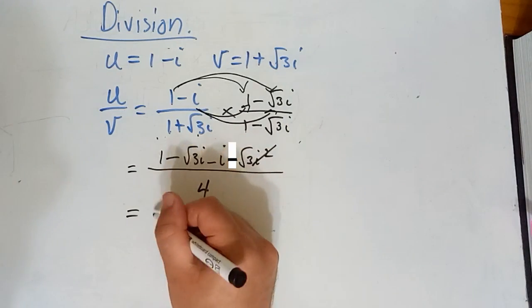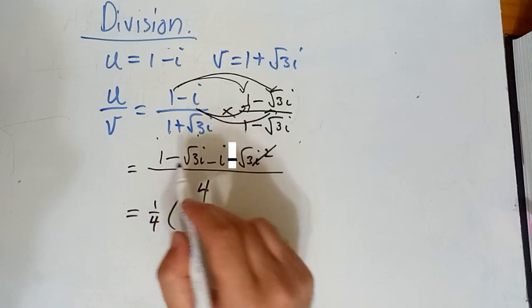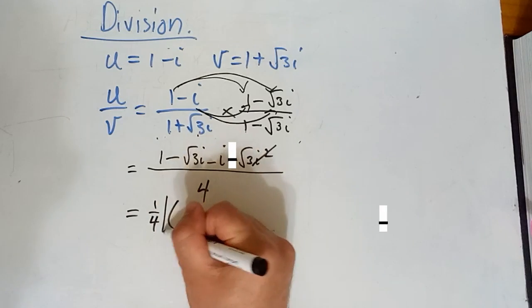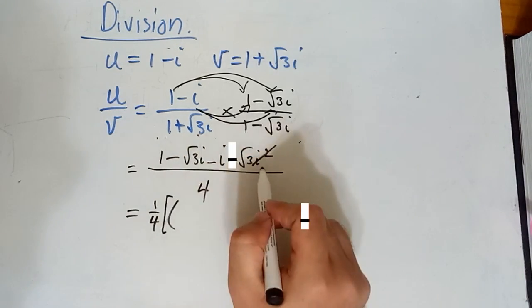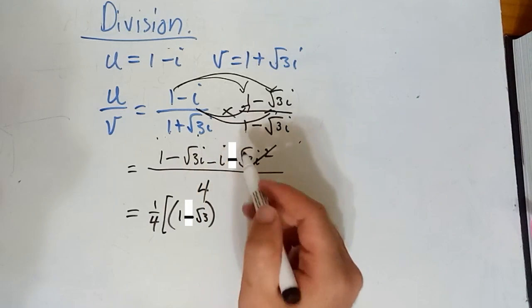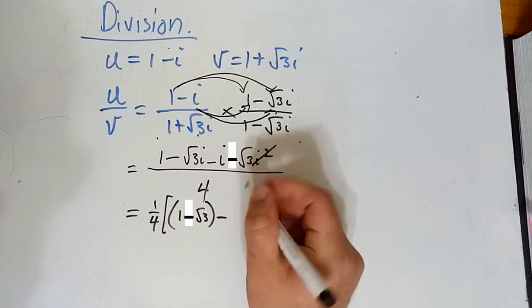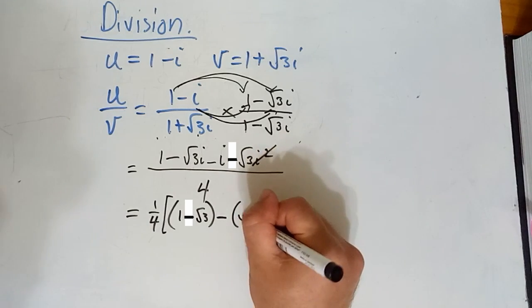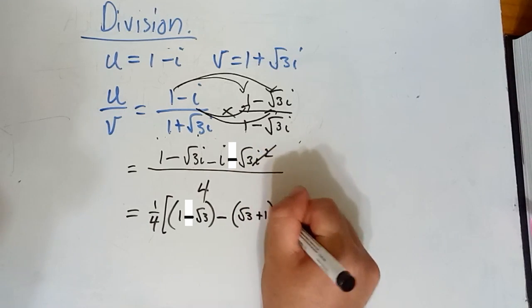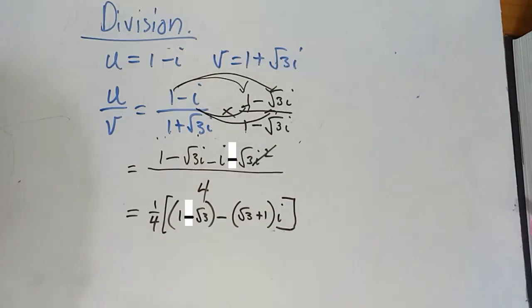So I'll put the 1 on 4 out the front. Let's put the real numbers together: 1 plus root 3. And the imaginary parts: minus root 3 plus 1 i. And it's a quarter of all that. And that's my division. I think that's enough for one video.